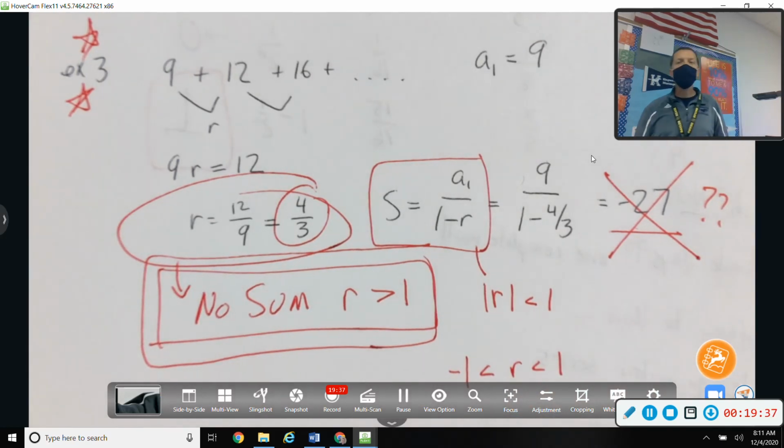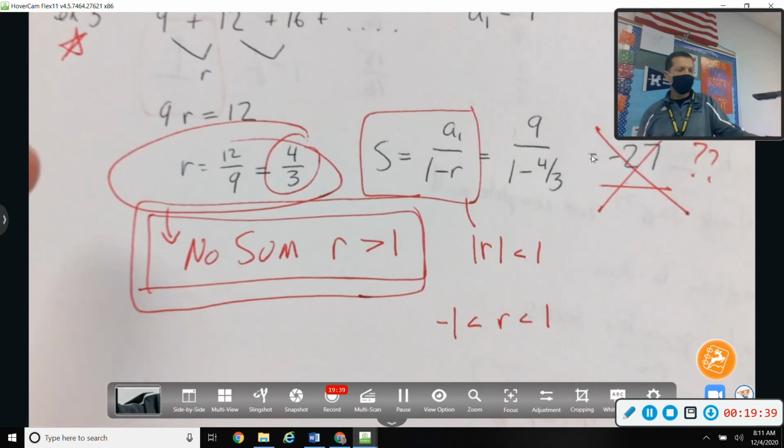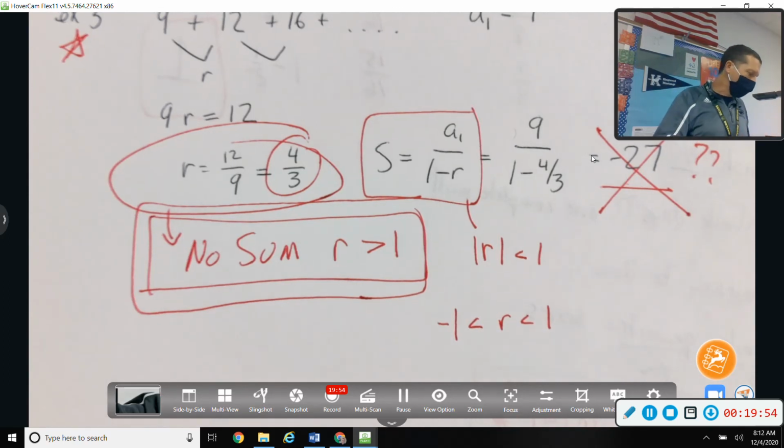Another way to think about it is that the magnitude of the numbers has to be getting smaller. If you're getting bigger and bigger numbers, it makes sense that you can't add all those up and get a regular number. So your numbers, or their magnitude, have to be getting smaller, decreasing towards 0.